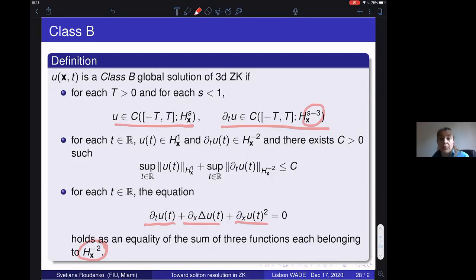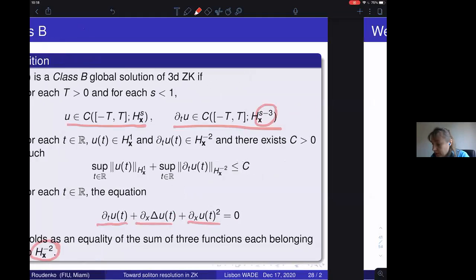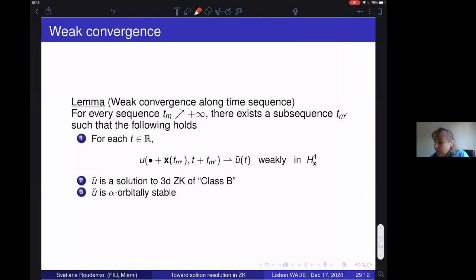We don't have local positivity in H^1, so we use what we have. Now the weak convergence. We select the time sequence and look at the weak convergence of our u along this time sequence in H^1, and we define this element ũ. Then we show that this ũ is in the class B, and it's also orbitally stable.